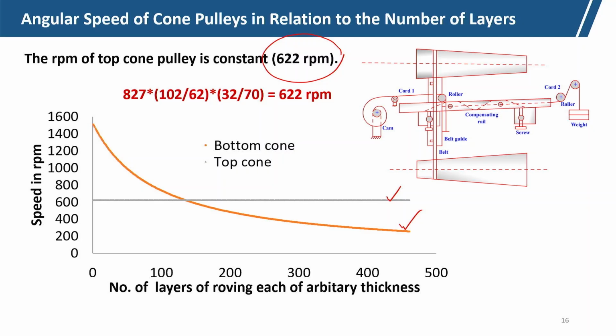How is it calculated? 827 is the main shaft speed in RPM and this is the constant E between the main shaft and the top cone pulley. So we get 622 RPM.